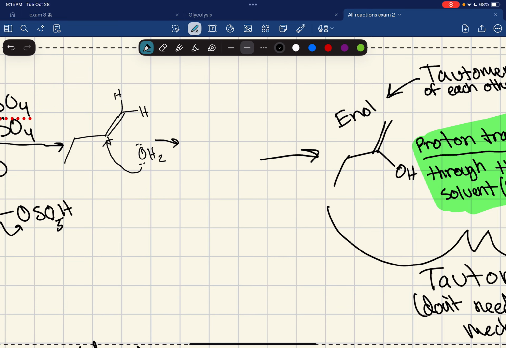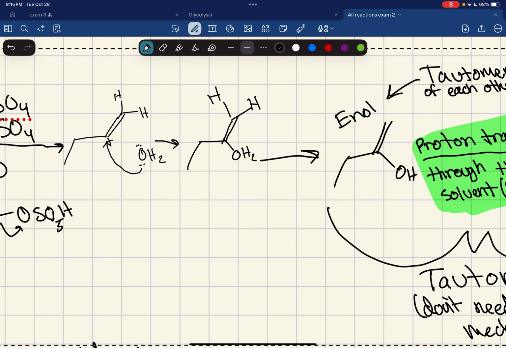There we go. So then you're going to get water that deprotonates this. Yeah, that looks super janky. Cool. Good enough.